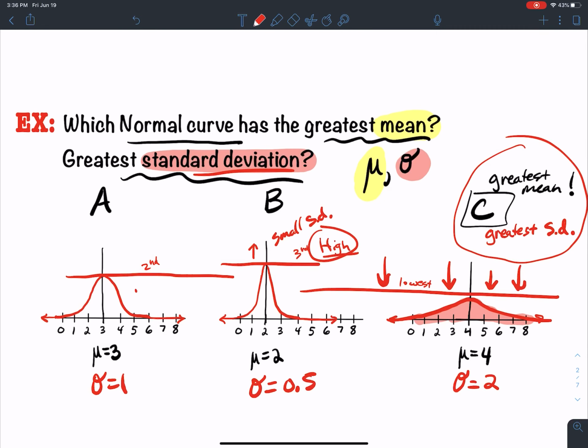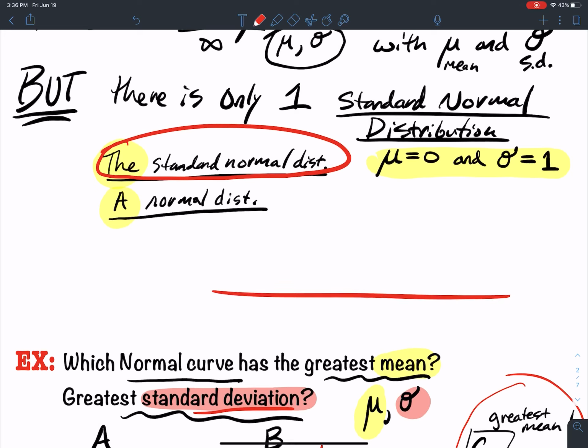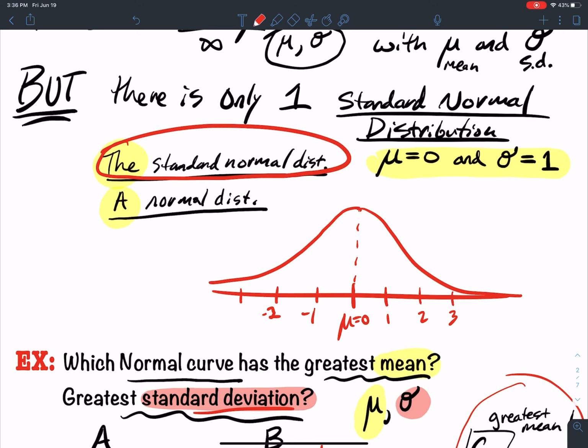All right? So the standard normal, what does this look like? The standard normal graph has a mean, mu equal to 0, and a standard deviation of 1. And so this is what the curve looks like.